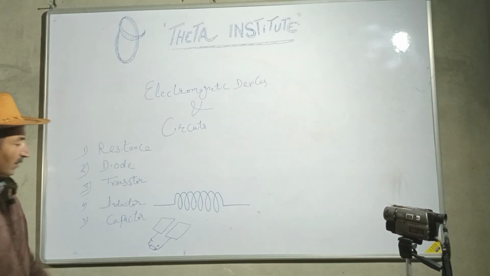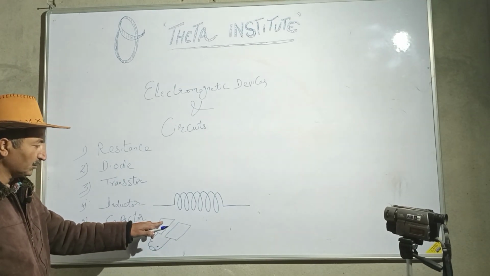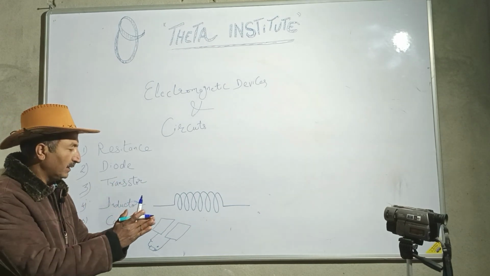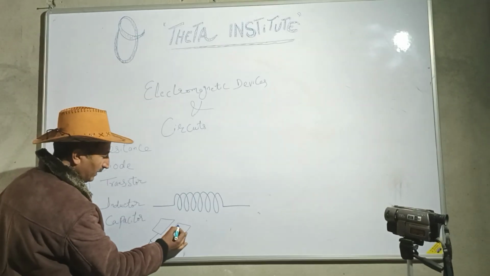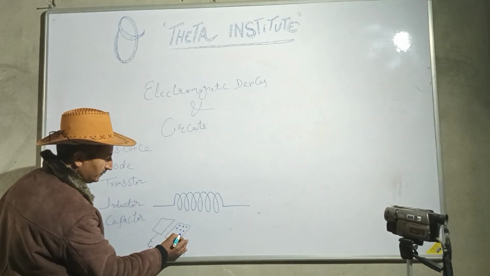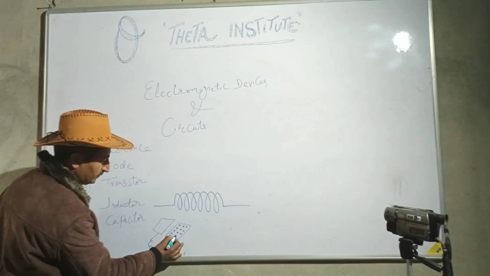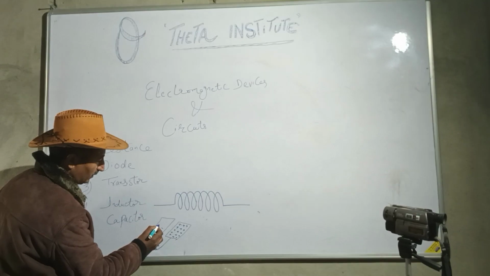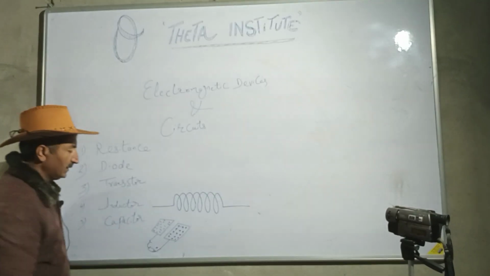What happens? Positive charge gets stored on this plate and negative charge on this plate, but they should be kept close together. Rather, we should keep a piece of paper in between. Then positive charge gets stored here and negative charge gets stored on the other plate. This is a capacitor.